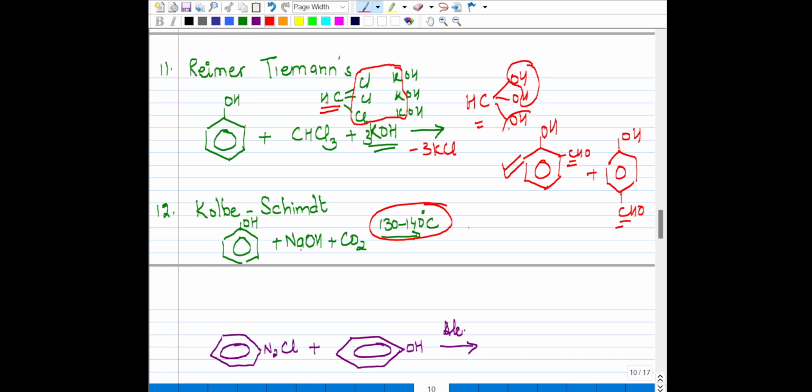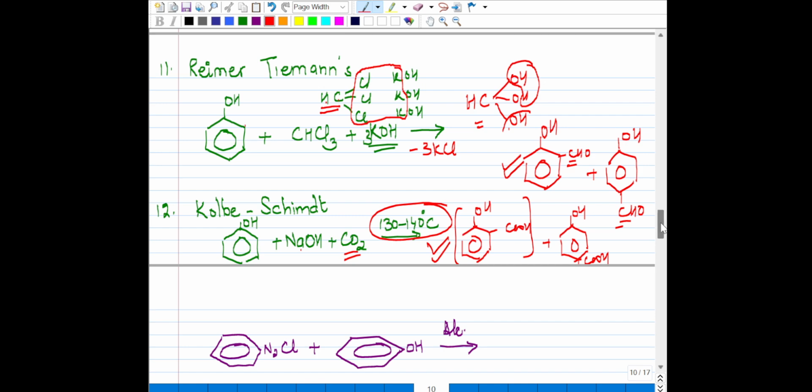So what will happen, this CO2, carbon dioxide, with phenol here, will be converted into COOH, ortho and para. Okay, so we talk about the ortho product salicylic acid, which is the main component of aspirin.